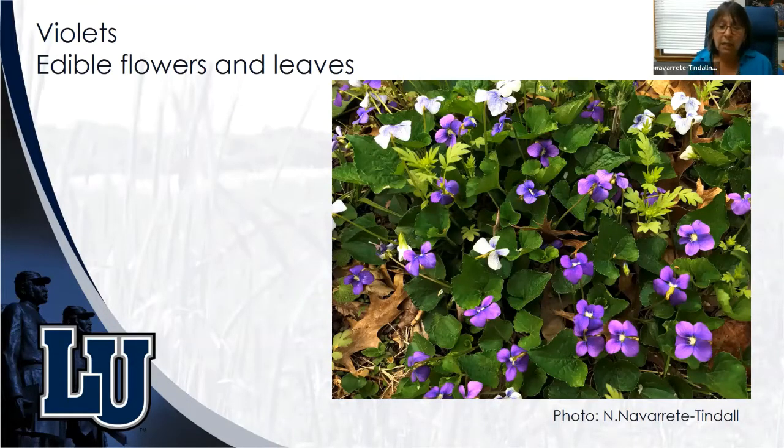Another plant that can be considered a weed, I have heard people saying, I don't like violets, they just want grass. But they don't realize that the flowers are edible, the leaves are edible, and also they're a host plant for fritillary butterflies.